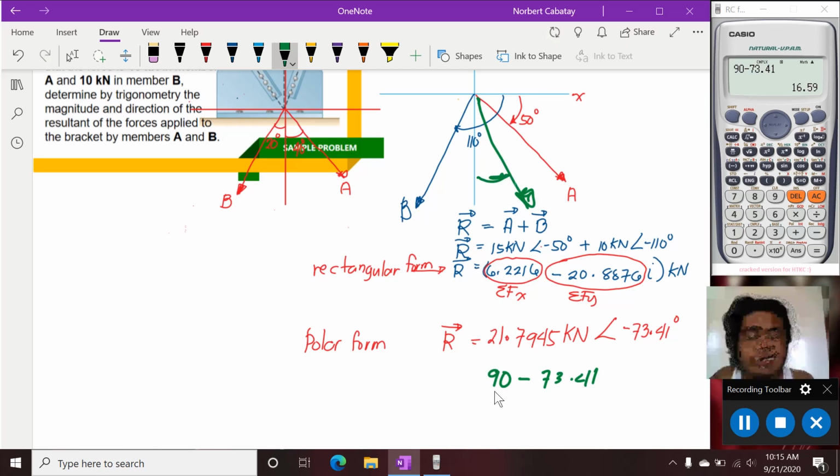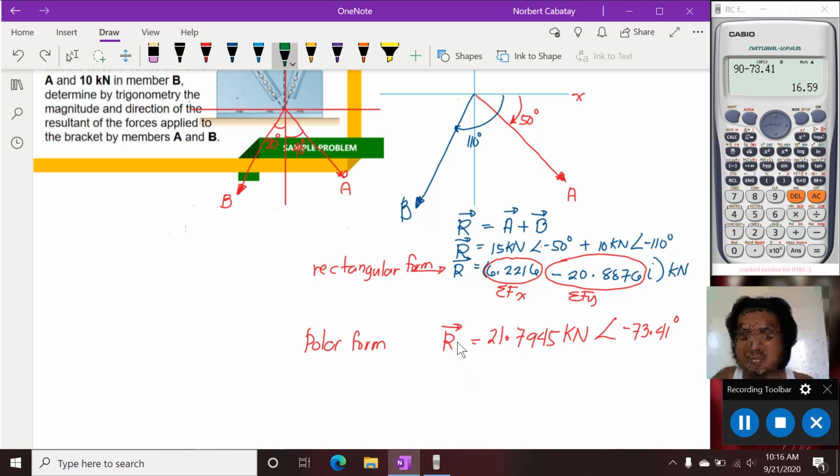Again, as I was saying, there are many possible answers. They point to the same thing; we just use different references. So it is better to state in your answer that it was measured from the negative x, positive x, or negative y, or better yet, show it in the drawing.